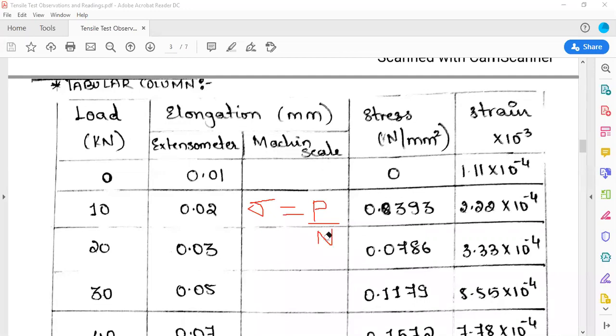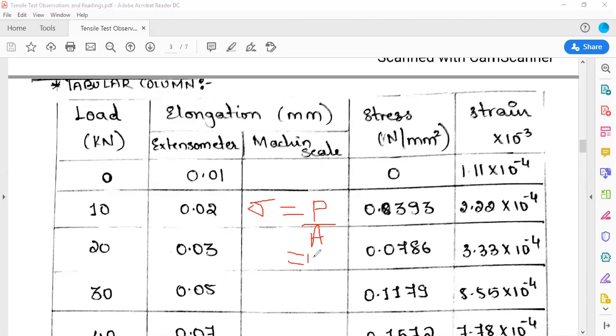You have to use it as A. Load divided by cross sectional area. In this, the applied load is 10 kilonewton.